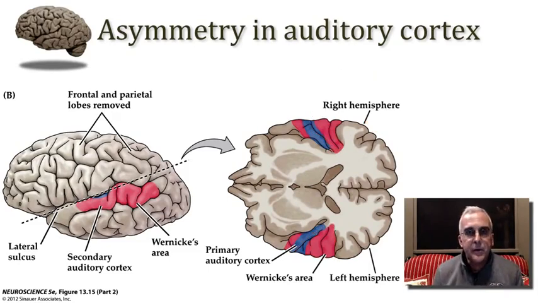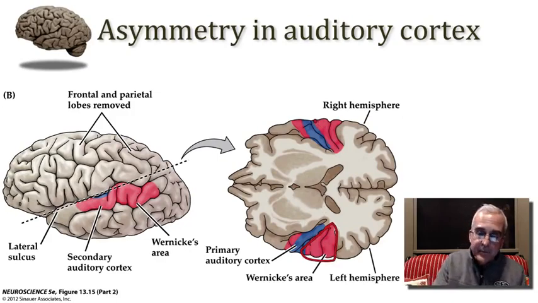speech. Not only is language lateralized to the left hemisphere for most of us, but there is also a structural difference between the left and right temporal lobes in this region of the auditory belt cortex. The superior aspect of the posterior temporal lobe is a sort of flat region that we call the superior temporal plane, or the planum temporale, and it appears to be larger in the left hemisphere compared to the right hemisphere.